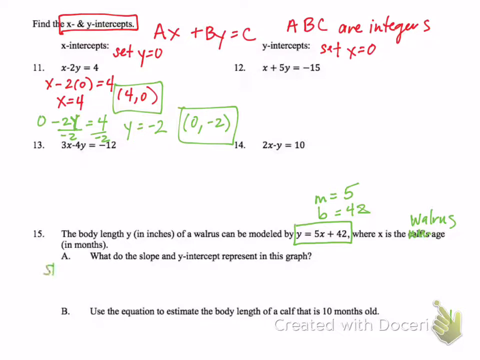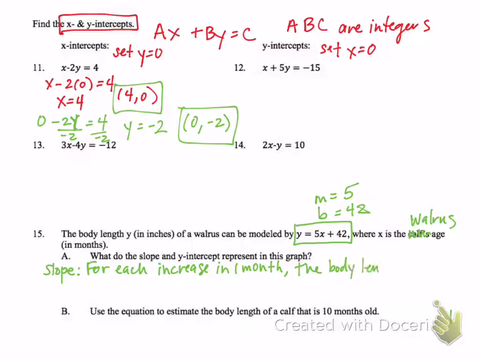So a nice little sentence you could say: for each increase in 1 month, so for every increase in a month, the y value, or the body length, is going to increase by 5 inches.